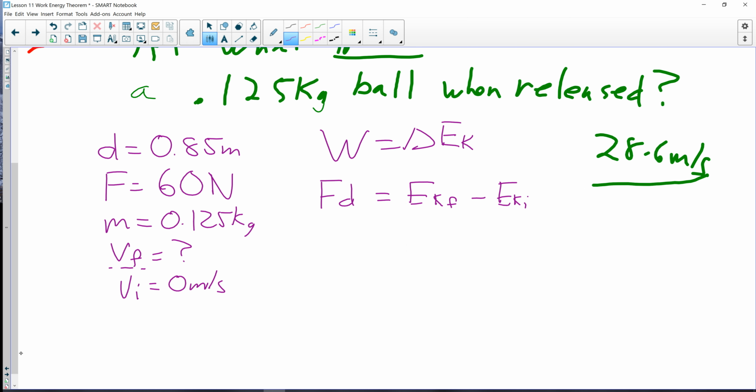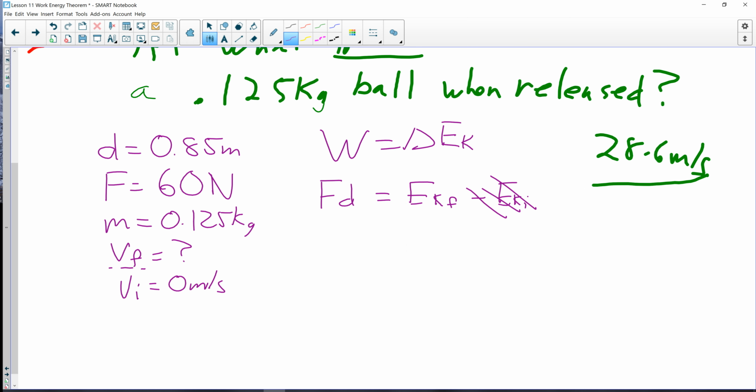The initial kinetic energy. Why can I take it out? Because it's 0. Remember, when I'm holding the ball in the rubber band, it has no energy yet. The rubber band has energy in it, elastic potential energy, but the ball doesn't. So this is 0, and now I have less to write.